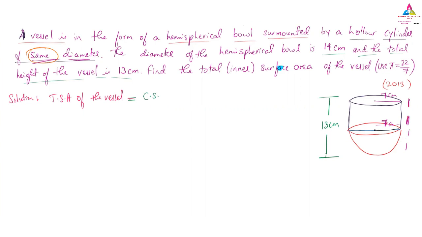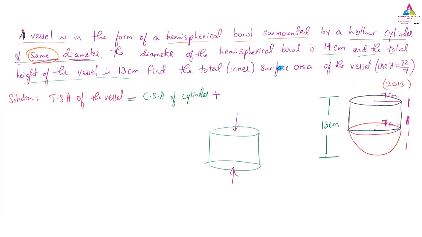Yes, first one, curved surface area of the cylinder, because the cylinder is hollow, open, it is not covered on the top and not covered on the bottom also. So curved surface area of the cylinder, inside or outside, no problem.